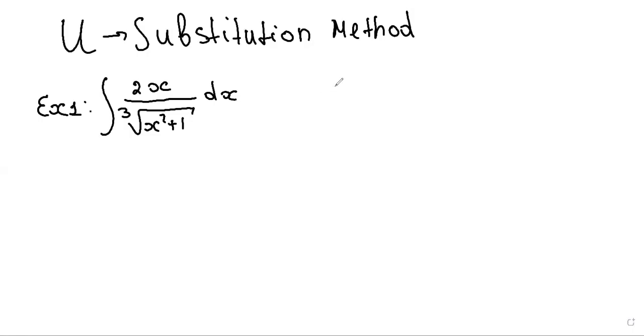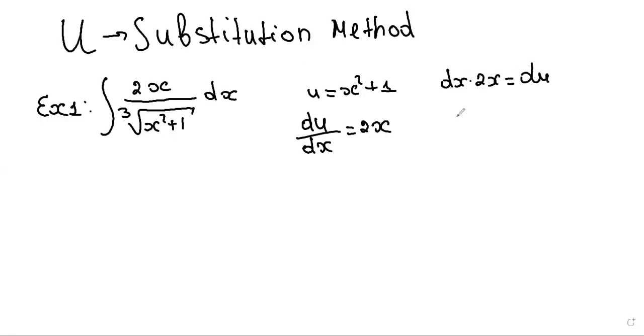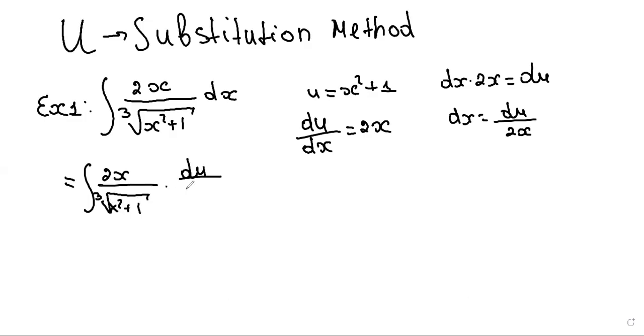If I take u equal to x squared plus 1, and find the derivative of both sides, du divided by dx will be 2x. So from here, dx times 2x is equal to du, so dx will be du divided by 2x. So when we write this again, instead of dx, I will write du divided by 2x.